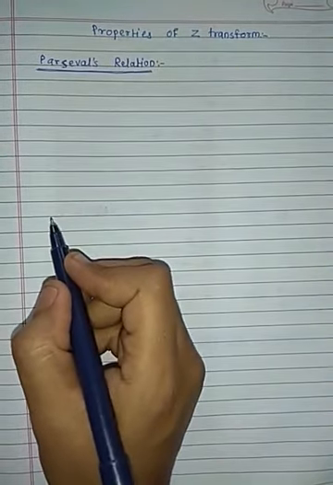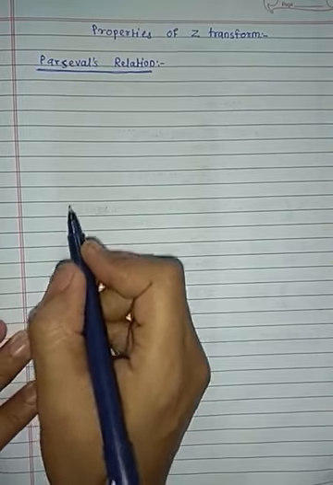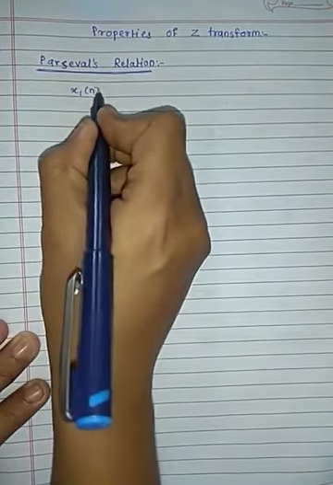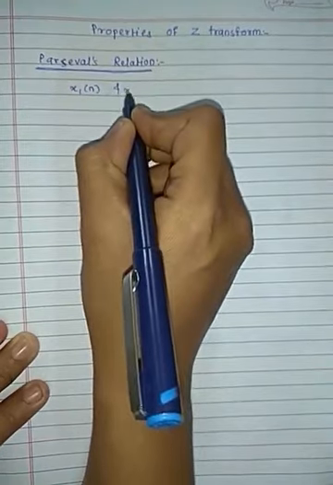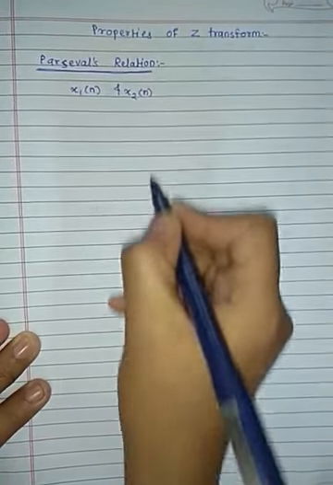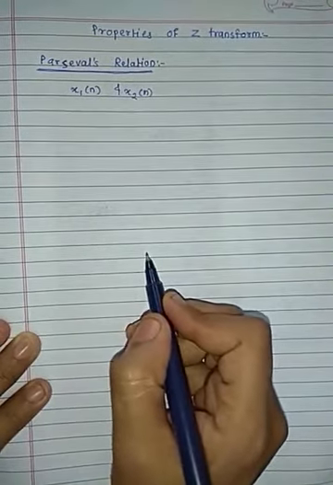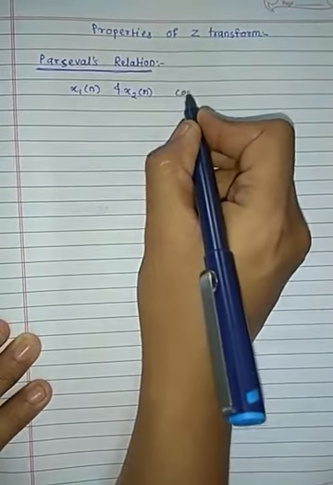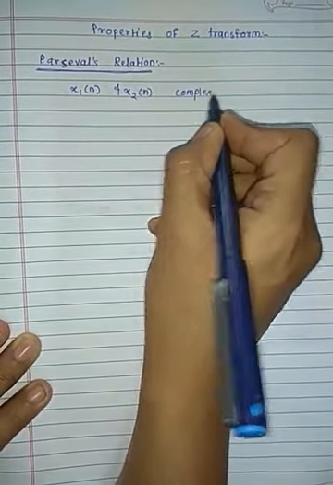Okay, now here we will consider the two complex sequences x1 of n and x2 of n. Okay, so x1 of n and x2 of n are the two complex sequences.